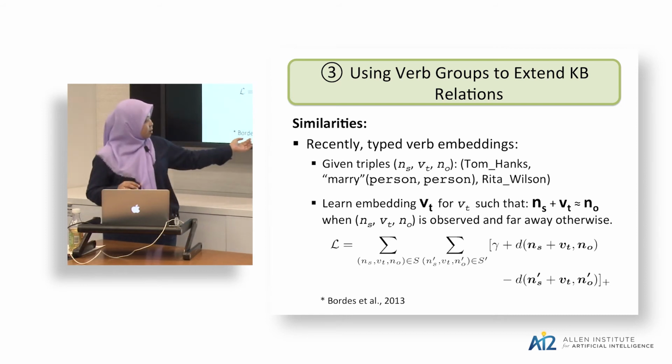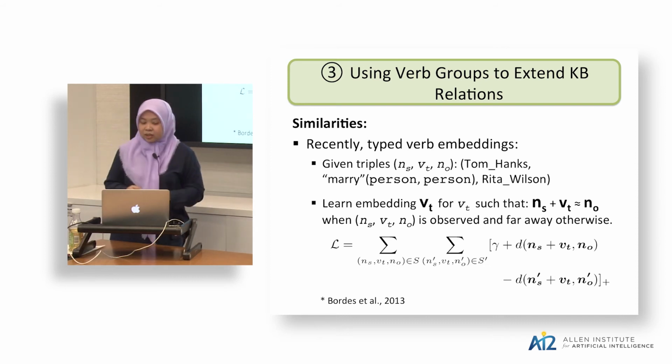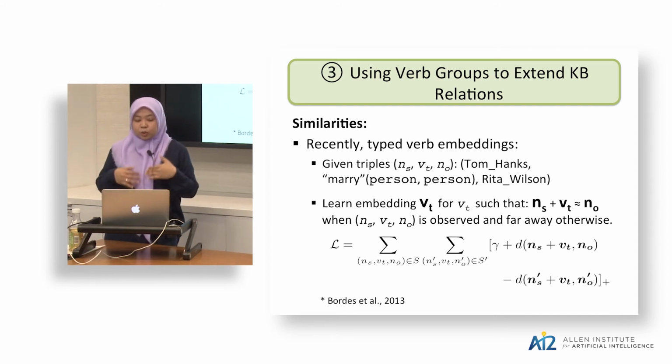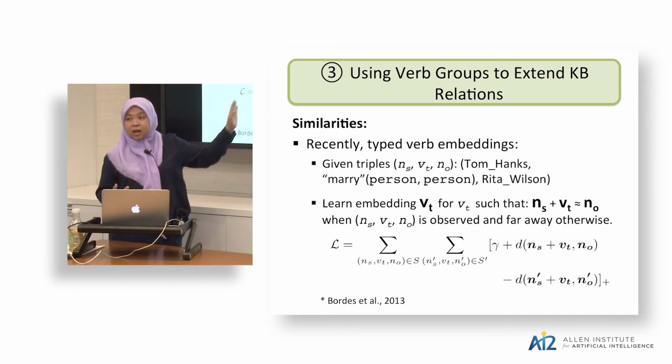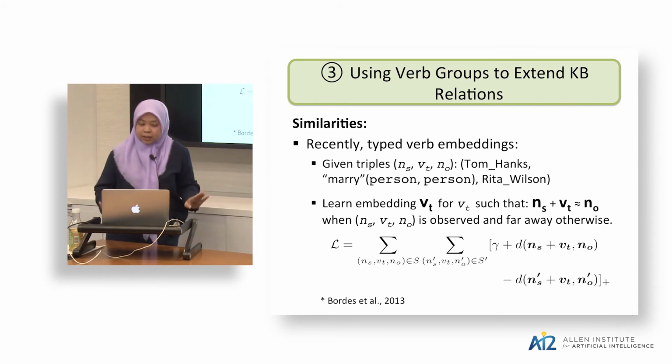Following the work of Bordes in 2013, we want the embedding of the object noun phrase to be close to the embedding of the subject noun phrase plus the typed verb if these triples are observed in the ClueWeb corpora, and far away otherwise.